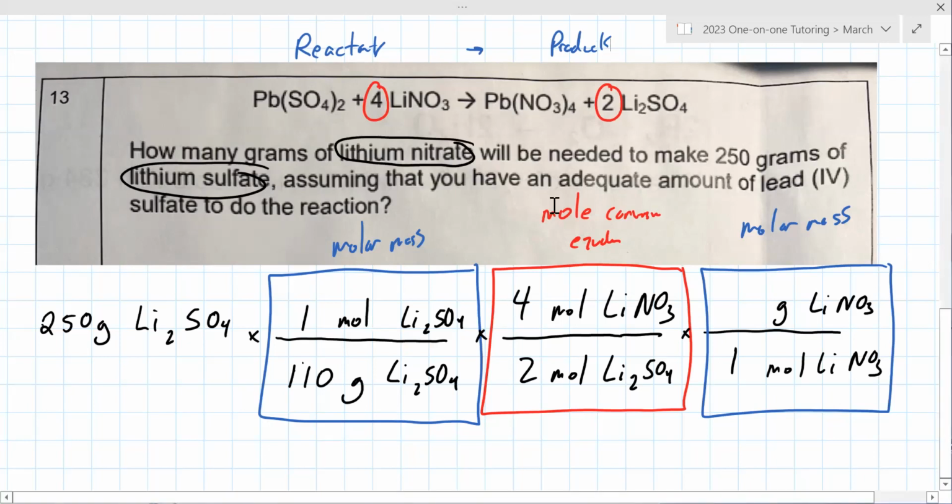So this red is really going from the products to the reactants, or the reactants to the products, depending on the equation. And then this last blue is, okay, we know moles, we're doing moles to grams now, so you've got to convert it back to grams, which is why you need the molar mass.